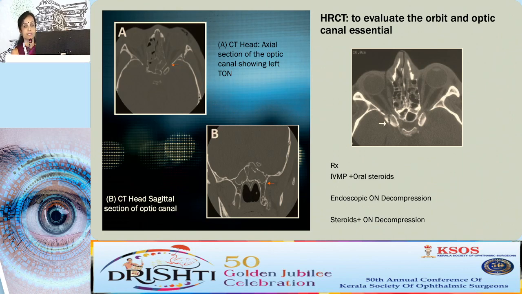Especially if you're suspecting a direct traumatic optic neuropathy, look at the optic canal sections and look for any fractures or any crowding of the optic canal, and look at both the sagittal and the axial sections. If you have a direct TON with a compressive element, definitely there is an indication for decompression. Discuss with the neurosurgeons and do as required.